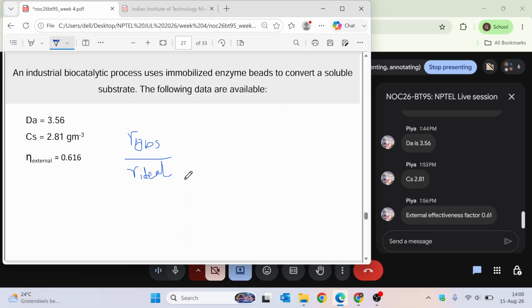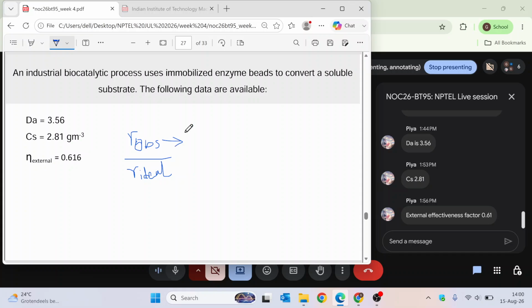Ideal rate is whenever there is no external resistance, what would be the rate? But with the resistance, how much of the rate is observed? So when you have these two values, then you can find out the external effectiveness factor, which is the eta external.